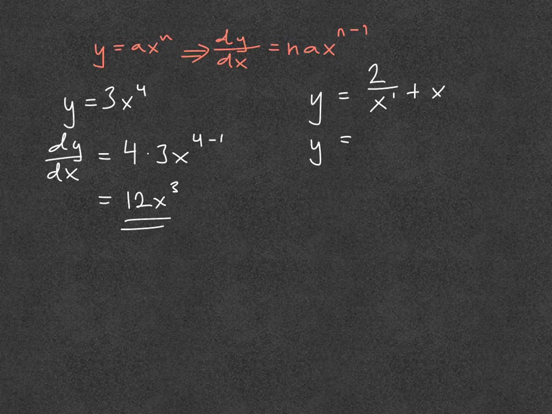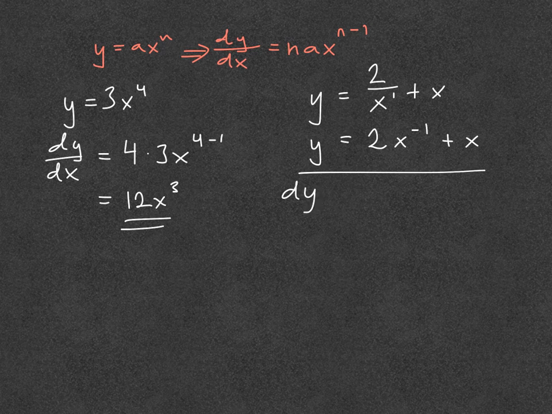If we multiply with x to the power of negative 1 upstairs and downstairs, then we get 2x to the power of negative 1 and then just 1 underneath, so we don't have to write that, plus x. So this is just a rewriting of the same function.